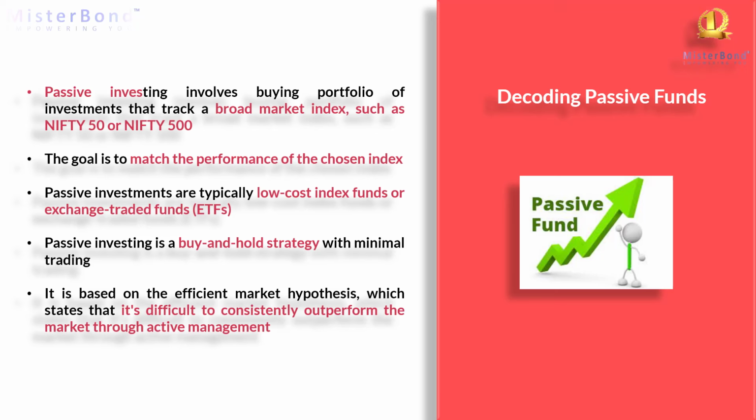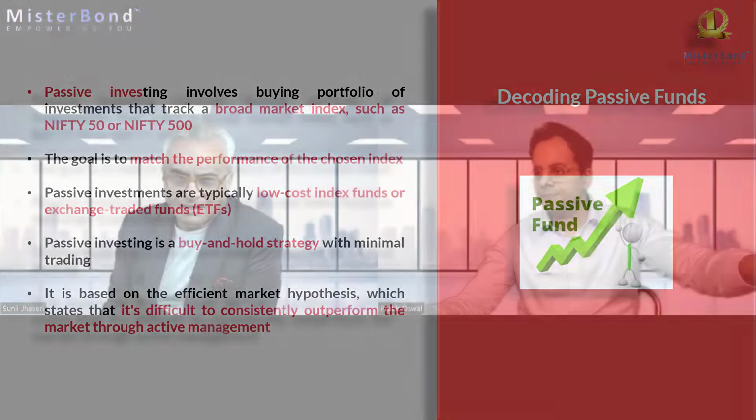Passive fund investing involves buying a portfolio of investments that track a broad market index such as the Nifty 50, 500, etc. The goal is to match the performance of the chosen index. Passive investments are typically low-cost index funds and ETFs, and passive investing is a buy and hold strategy. It is based on the efficient market hypothesis, which states that it is difficult to consistently outperform the market through active management. So this is the thesis and the case for passive funds.